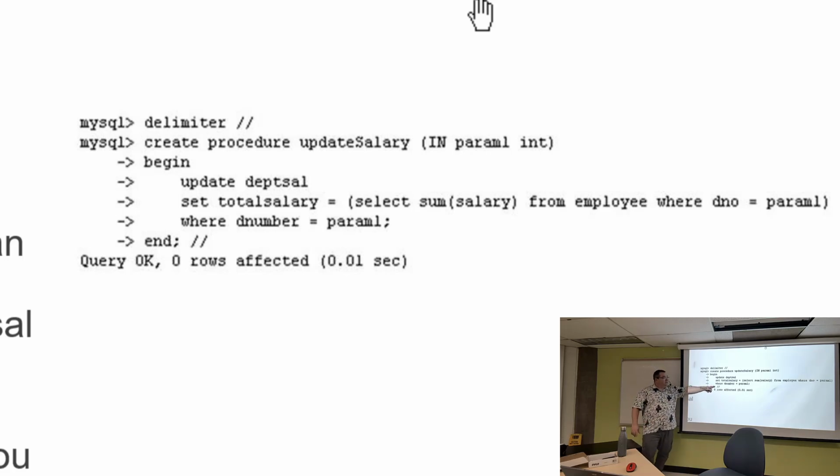And notice there's a semicolon here, and a semicolon there. But the problem is that if we didn't change the delimiter, this would end it and you'd get an error because it would never reach the end block. So then it reaches the double slashes and suddenly this whole thing is treated as a single command.